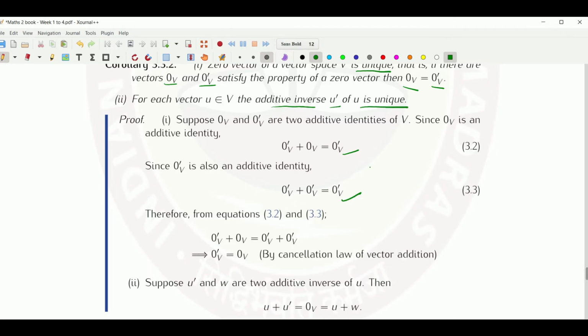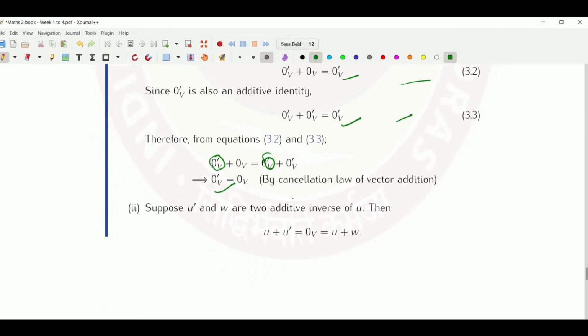Therefore from equations 3.2 and 3.3, 0 prime plus 0 is equal to 0 prime plus 0 prime. And by the cancellation law, the 0 prime vector from both sides will be cancelled, and it will be proved that the zero vector is equal to the 0 prime vector.